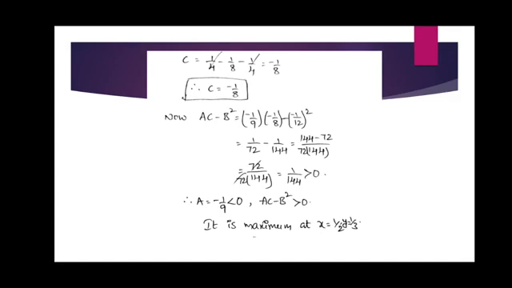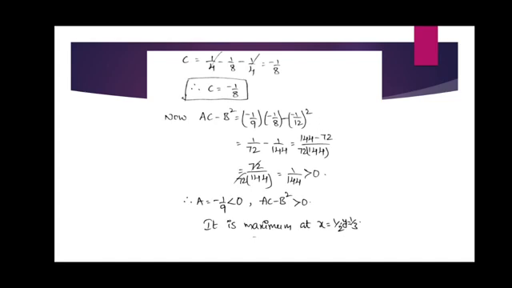Now we take AC minus B square and substitute these values. A is -1/9, C is -1/8, minus B square means -1/12 whole square. Minus into minus will be plus, 8 nines are 72, so 1/72 minus 12 square. 12 square is nothing but 144.